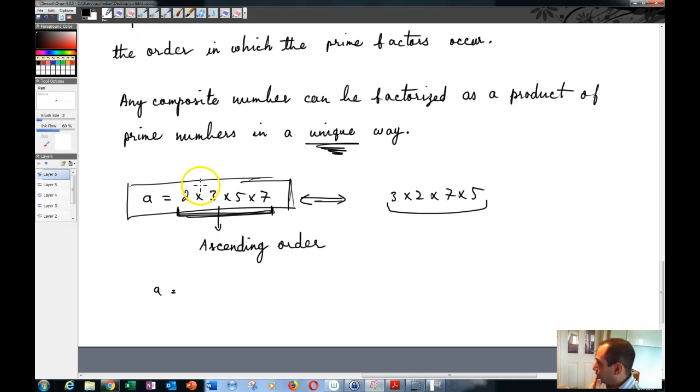What that means is that given any composite number, there is one and only one way to write it as a product of primes, as long as we are not particular about the order in which the primes occur.